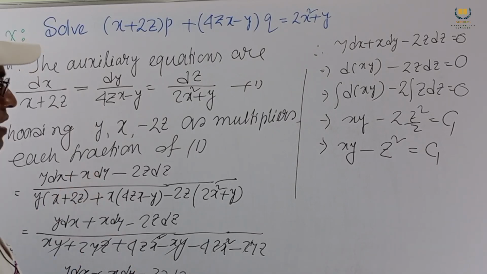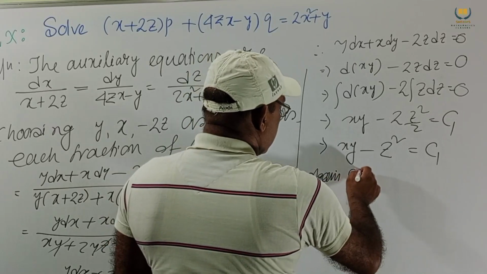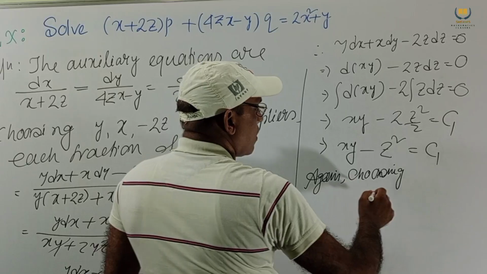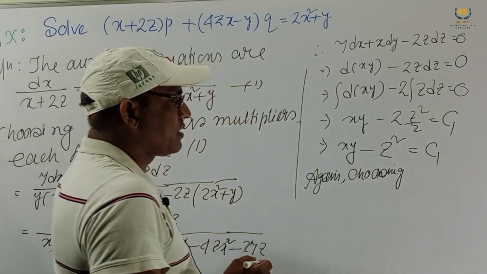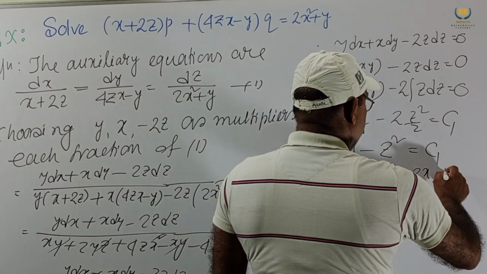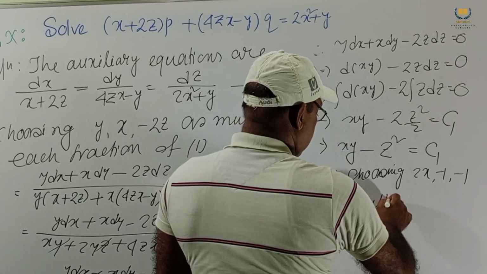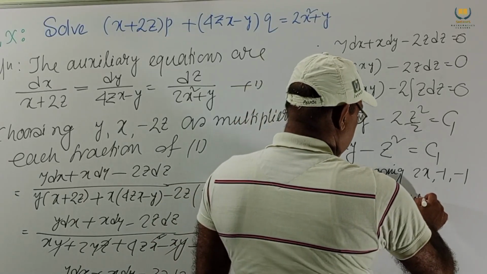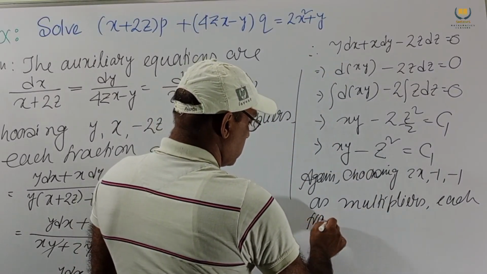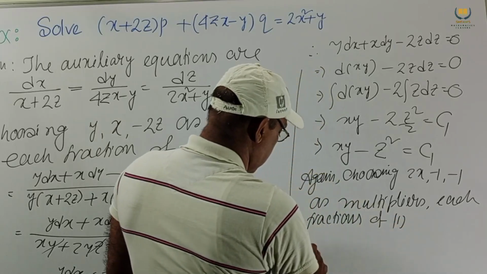Next, again using the multipliers. Again choosing 2x, minus 1, minus 1 as multipliers, each fraction equal to 1.